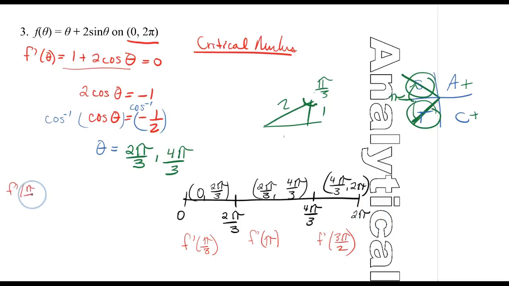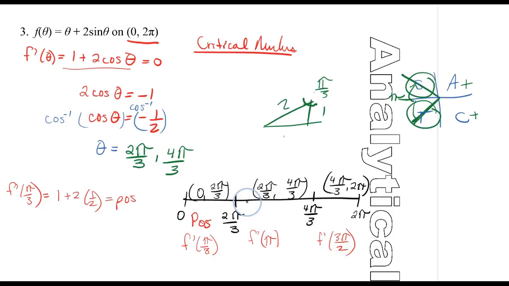So at pi over 3, cosine of pi over 3, we said is 1/2, and in the first quadrant is positive. So 1 plus 2 times 1/2. I don't need to solve this all the way out. I can just determine that this is going to be positive. So this portion of my chart is positive. I can go ahead and try each of these others, and we'll do that.